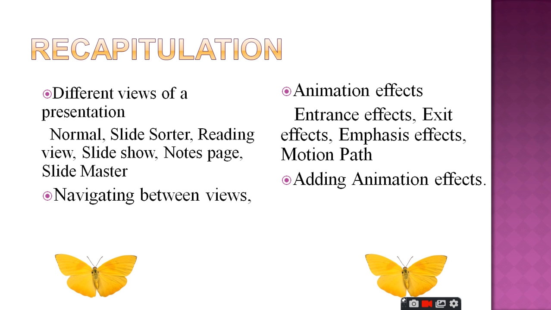In the same way, we select the remaining views also. To navigate between views, you click on the View tab, and from the Presentation Views group, you select any of the available views.